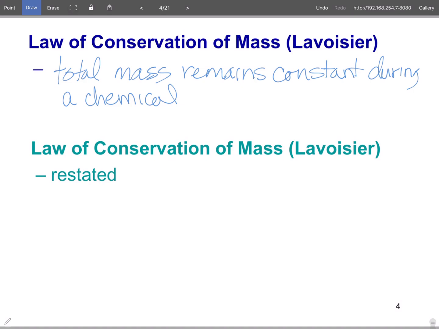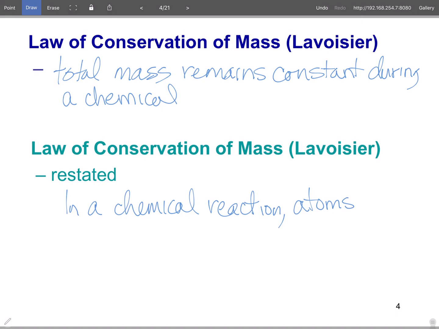Okay, so another way to say that is that in a chemical reaction, atoms can neither be created nor destroyed.